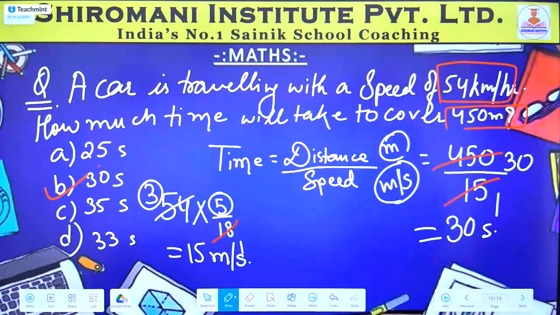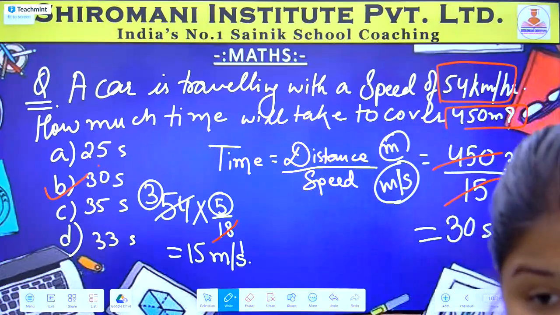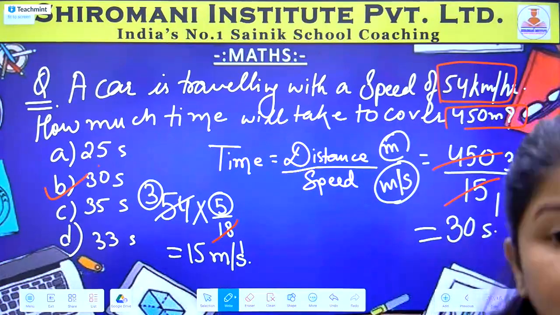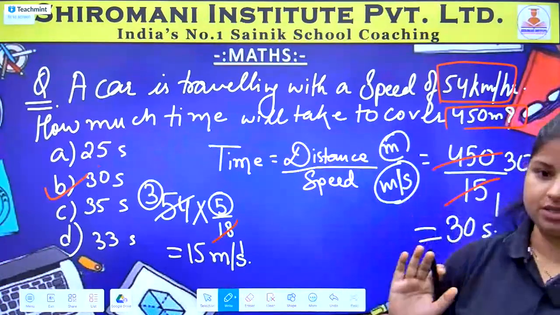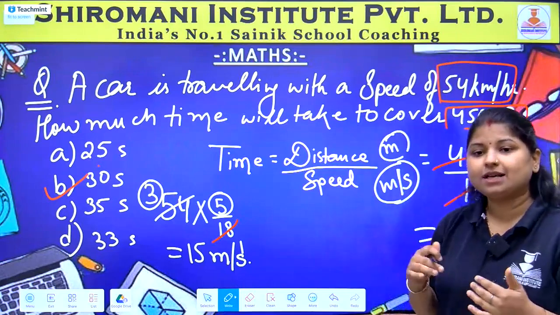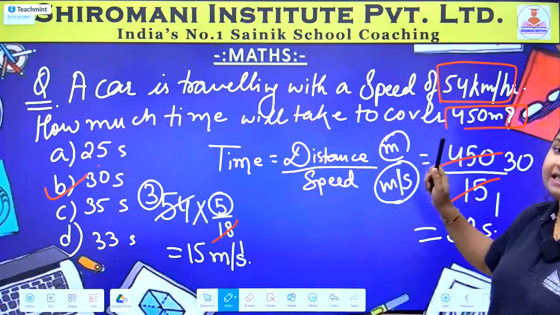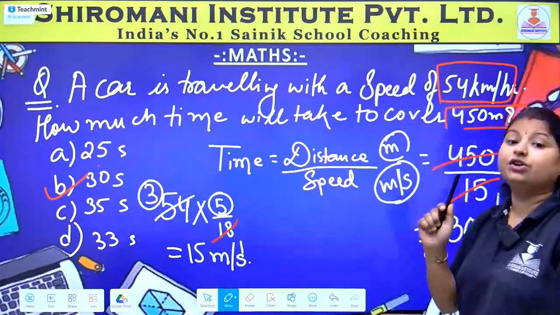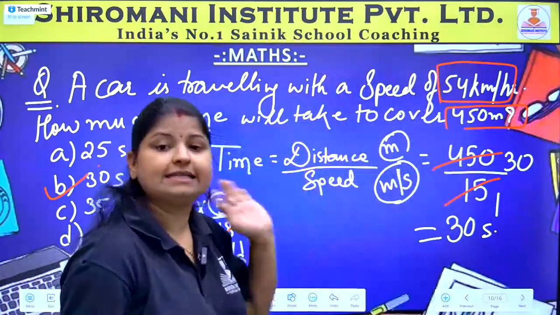See, always remember that whenever the speed and distance have different units, you have to try to make the units the same. If the speed is in kilometer per hour and distance is in meter, try to convert speed into meter per second.